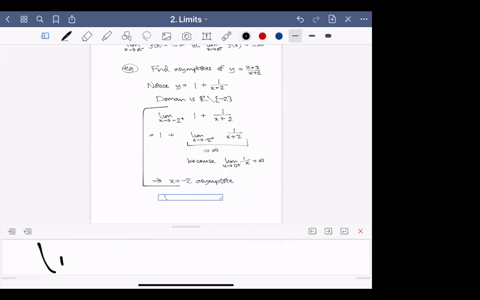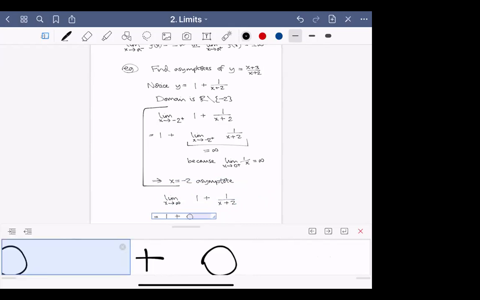And let's also calculate the limit as x goes to infinity. Well, that's 1 plus the limit of 1 over x plus 2. So that's 1.